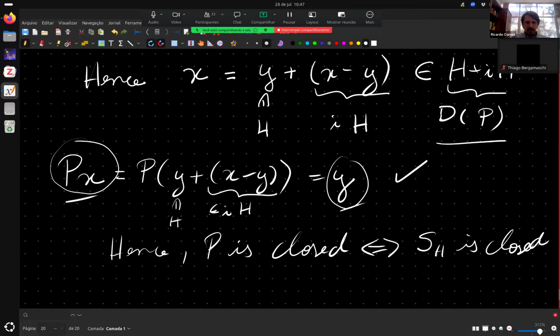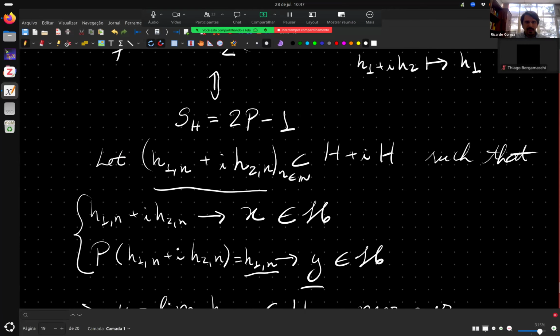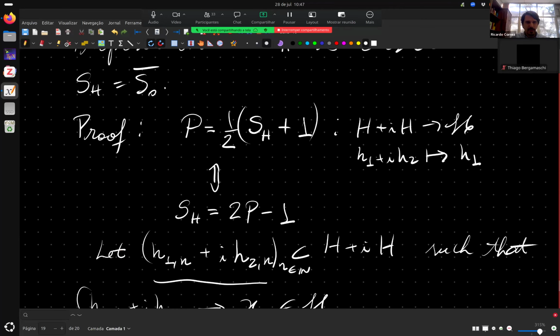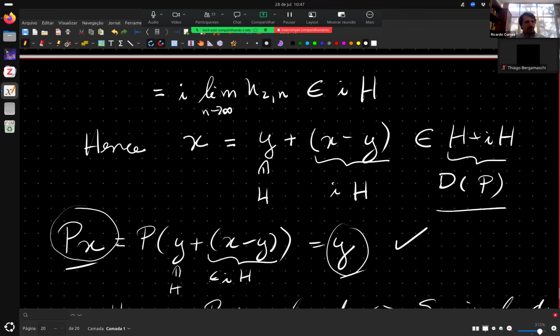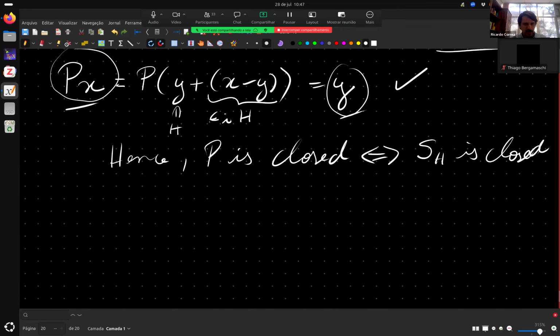And let's try to check what happens with the other operator. One thing that one should be very careful about with unbounded operators is that two operators coinciding on a dense set do not imply that the two operators are the same. I'm going to mention that, I hope, today in a second, or at least a big example of that.